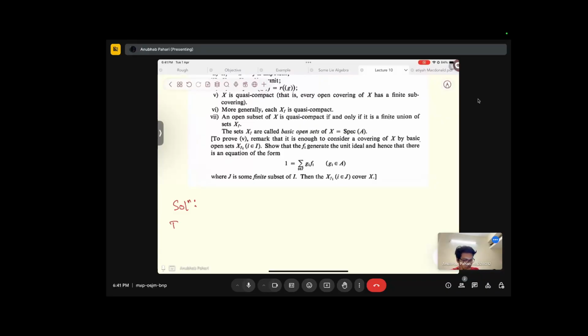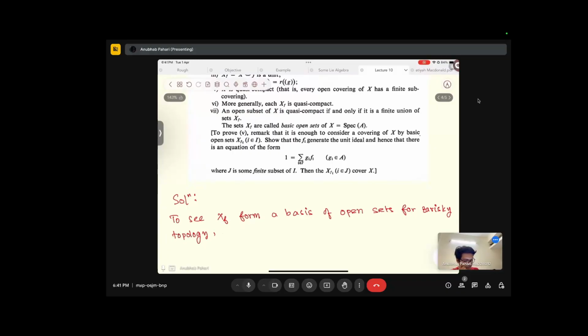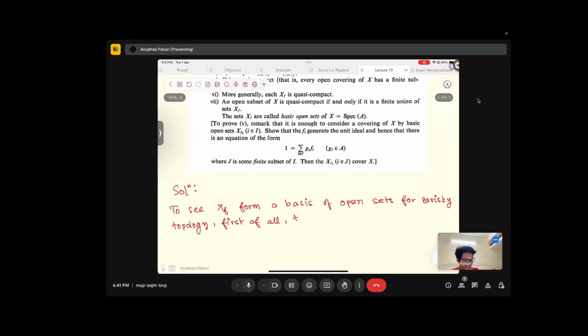So to see that the X_f form a basis of open sets for the Zariski topology, first of all they cover Spec A. We have to see that.